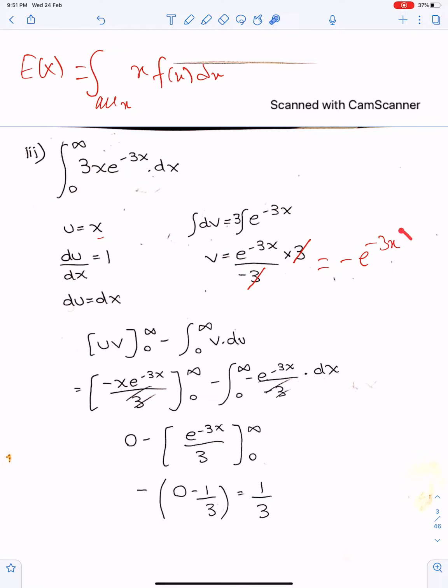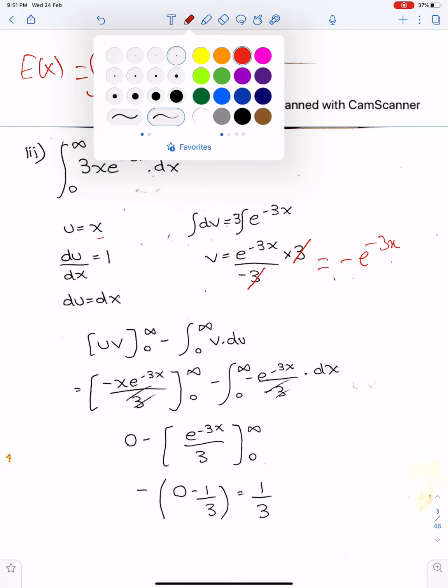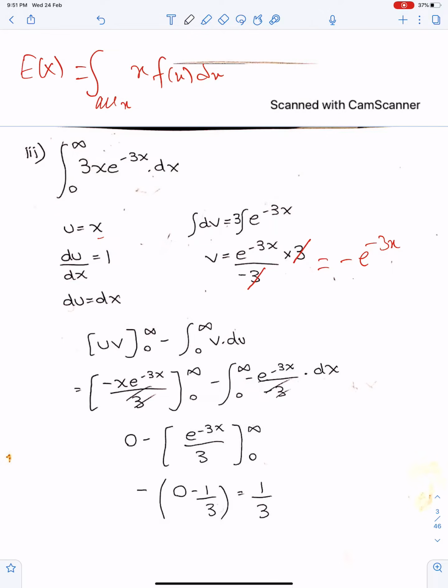So you just need to substitute this here. And v is here and du is dx. So when you will apply the limits, you will get this thing, 1 upon 3. Let me erase some irrelevant things.